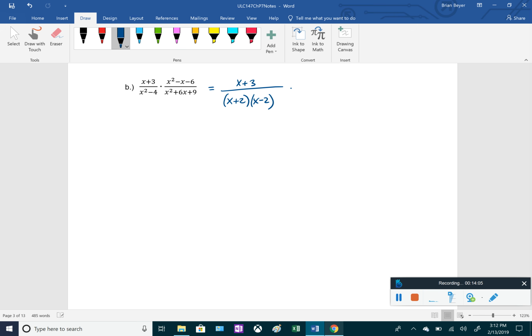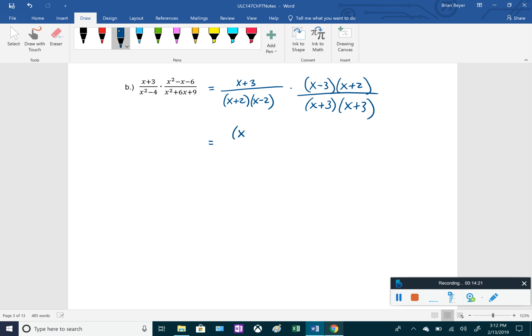You can factor the other numerator as (x minus 3)(x plus 2). You can factor the other denominator as (x plus 3)(x plus 3).